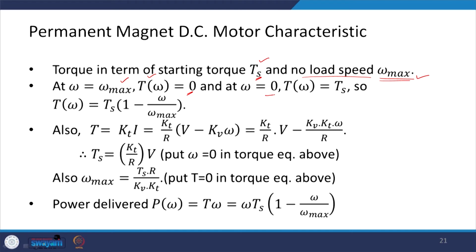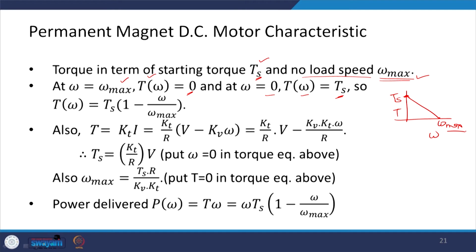At omega equal to 0, when the motor is about to start, the torque is going to be equal to the stall torque. This is Ts, and this is omega max.